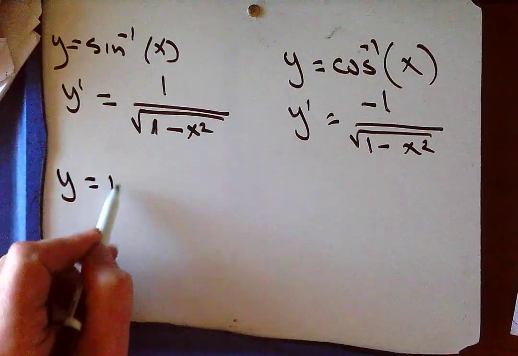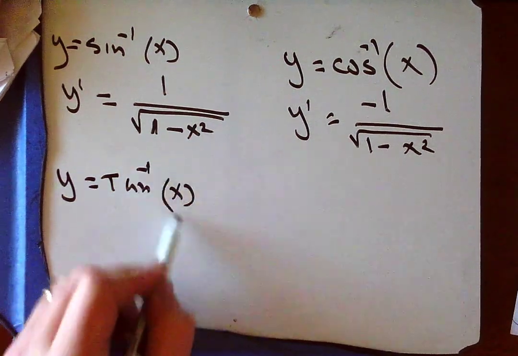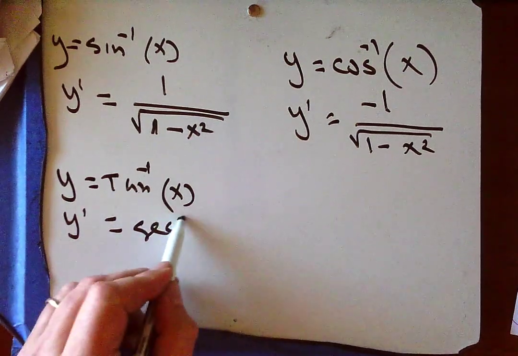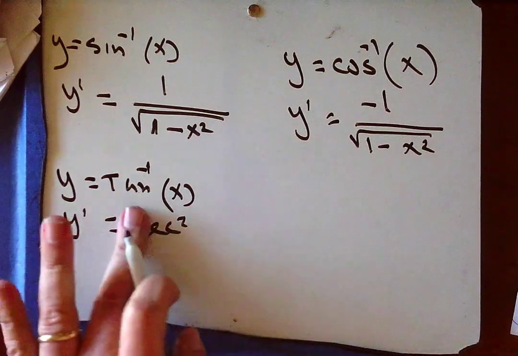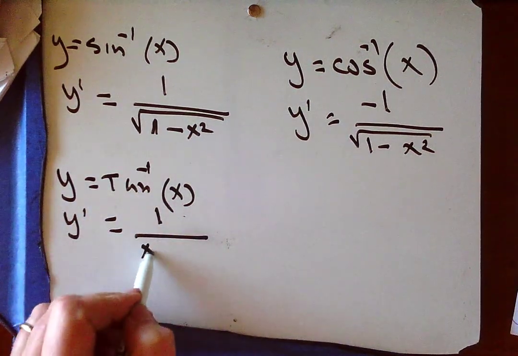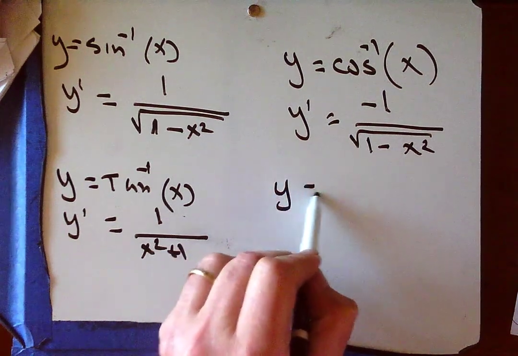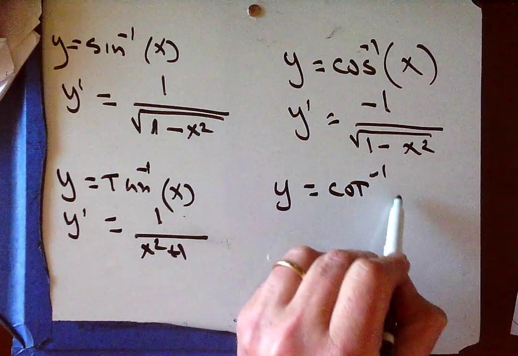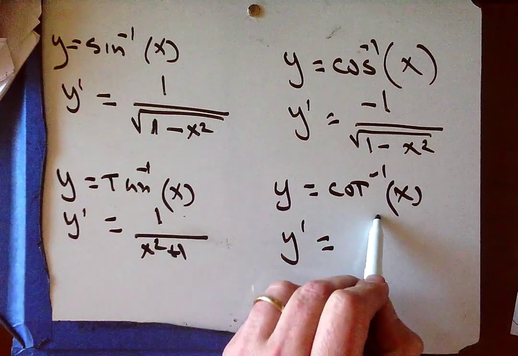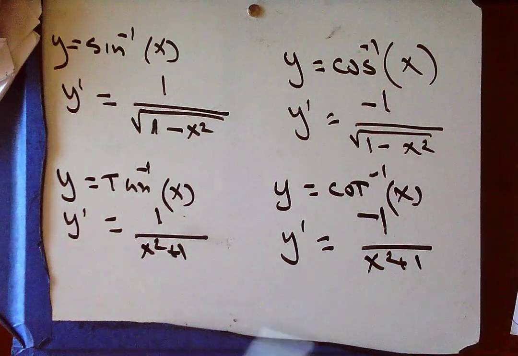Then we looked at y equals tangent inverse of x, and we found that that derivative would be secant squared. Oh, it wouldn't. That's tangent. I need inverse tangent: 1 over x squared plus 1. Then we went on to y equals cotangent inverse x, and y prime there would be negative 1 over x squared plus 1.